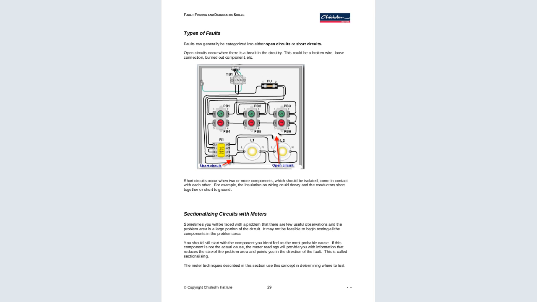Then we proceed to types of faults. You can now see faults can generally be categorized as either open circuit or short circuit. This is now a generalized type of faults when testing with the meters. The open circuit occurs when there is a break in the circuit. This would be a broken wire, loose connection, or burned components, etc. And then the short circuit occurs when two or more components, which should be isolated, come in contact.